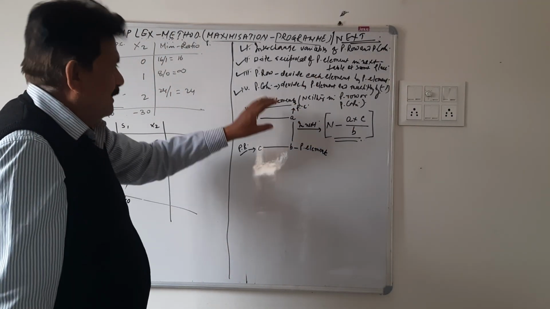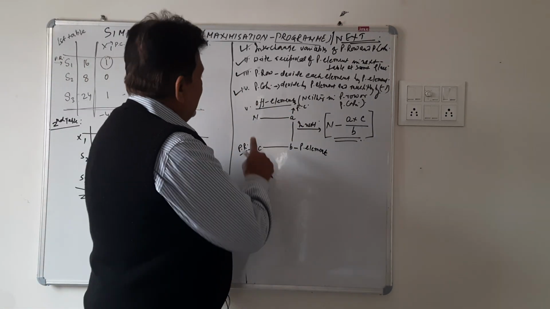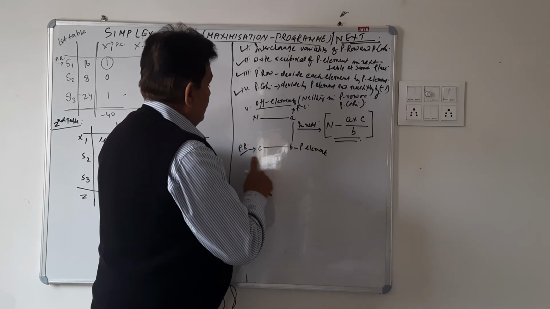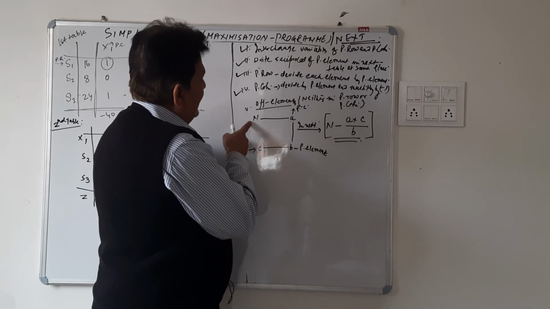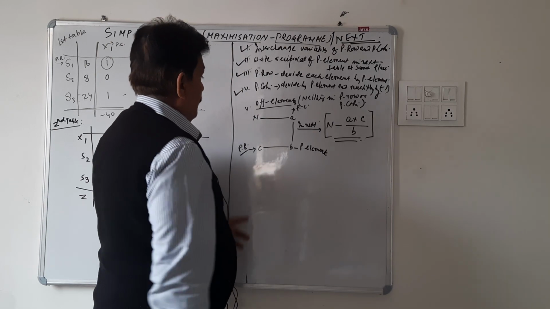For this operation, this rule of thumb, you just keep in mind. Let this n element be an off element. This is pivot row, this is pivot column, this is pivot element, and this element is lying here, which is neither in pivot row nor in pivot column.